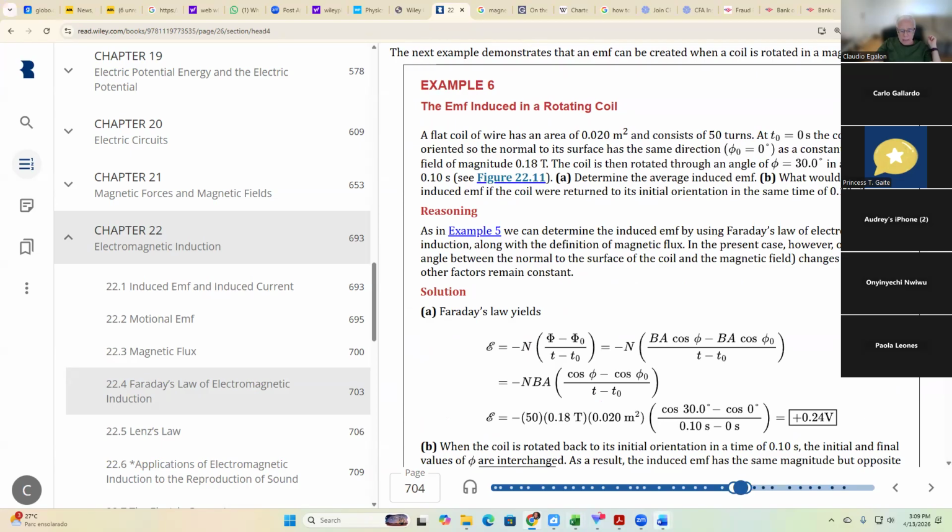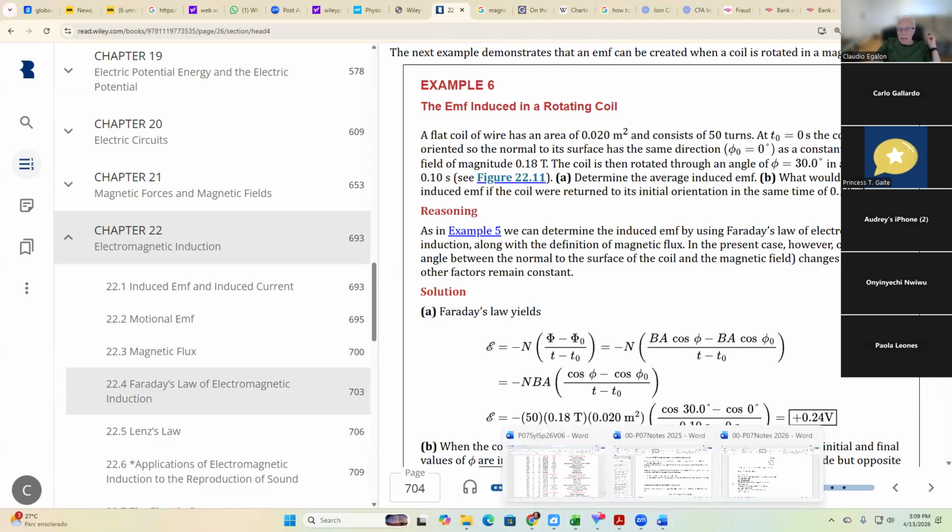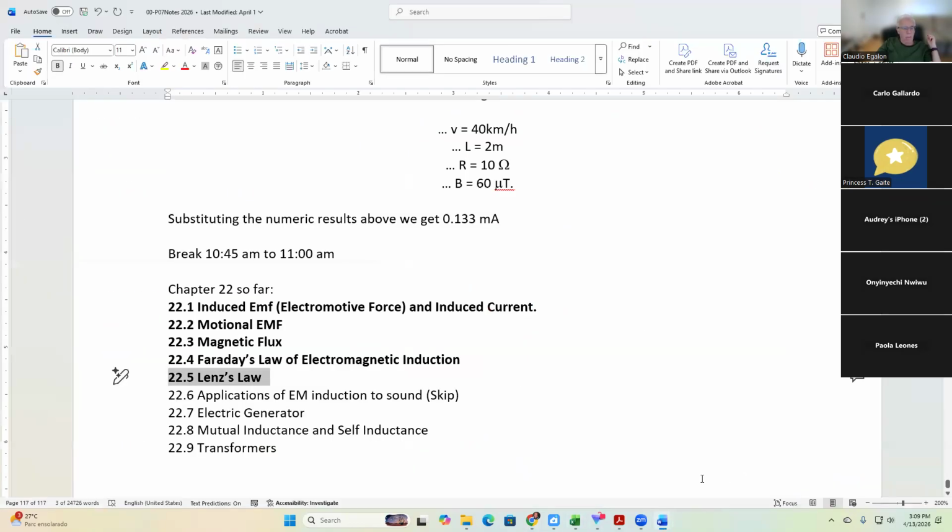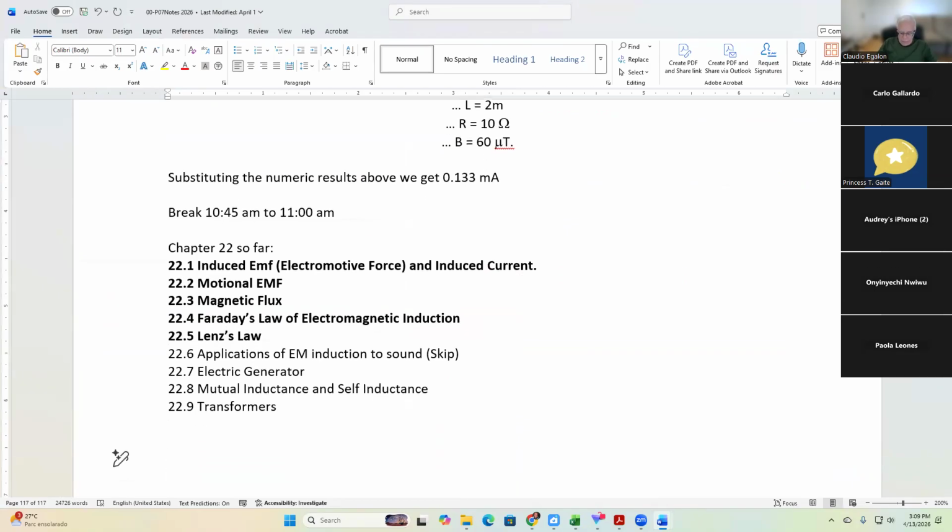And there is a very nice link that I want you to take a look at. A simulation of a generator, the electrical generator.